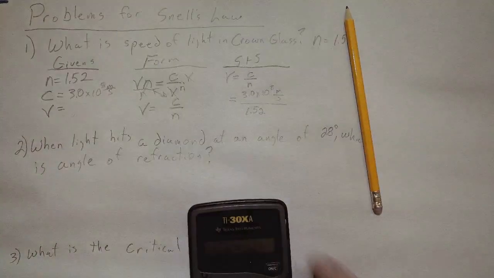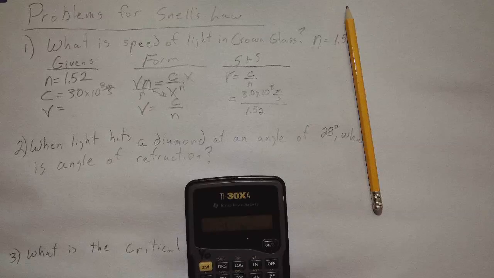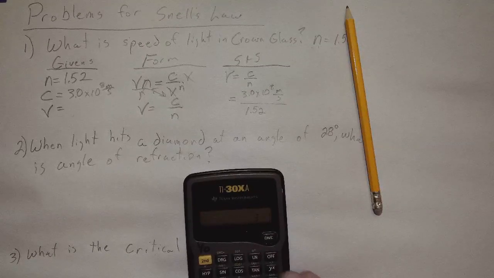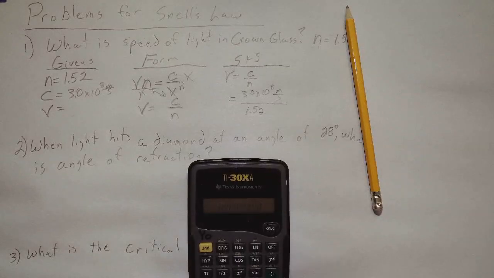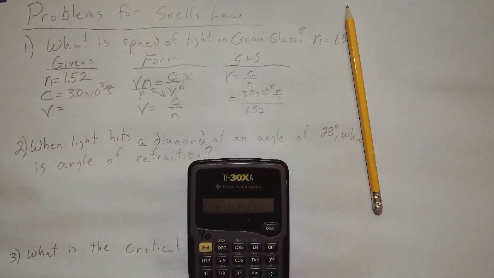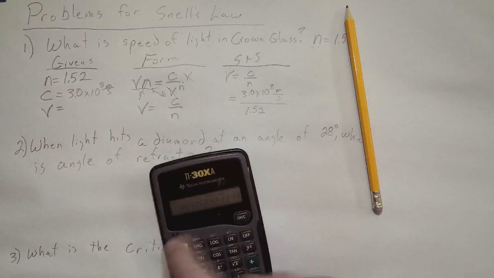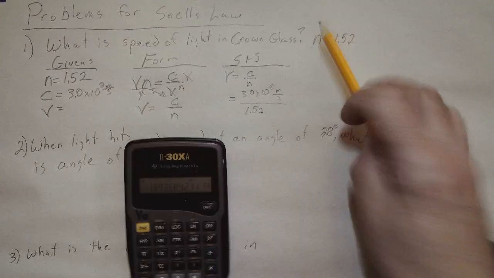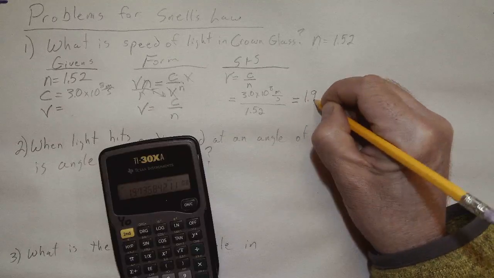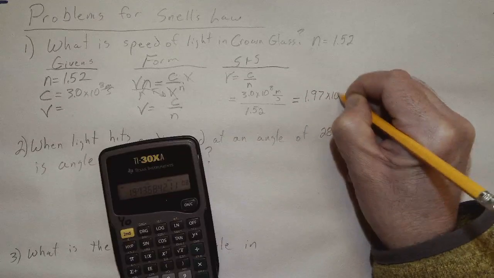So let's do it on the calculator. 3, 8 divided by 1.52. That equals, it's a big long number, so let's put it in scientific notation. That's second EE, that's second and right above the 5 key. And so the answer then is 1.97 times 10 to the 8th.